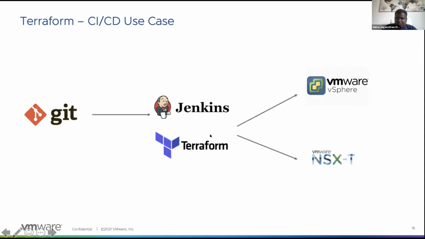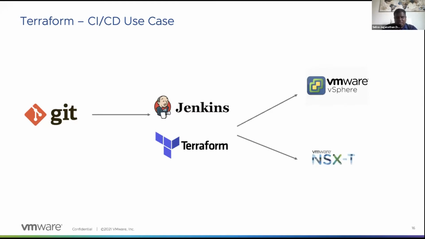That has combinations of what environment you want to deploy: dev, QA, or prod. Based on that, it makes changes to the infrastructure on the vSphere side or NSX-T side, right? So this is the end-to-end CI/CD we can utilize in conjunction with Terraform along with the Jenkins tools or other development CI/CD tools.